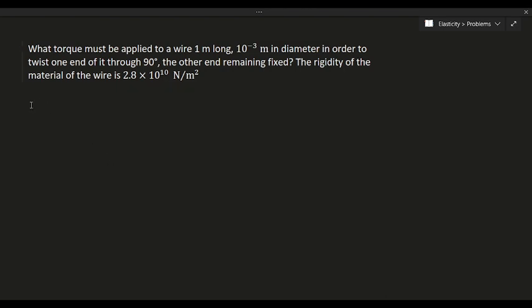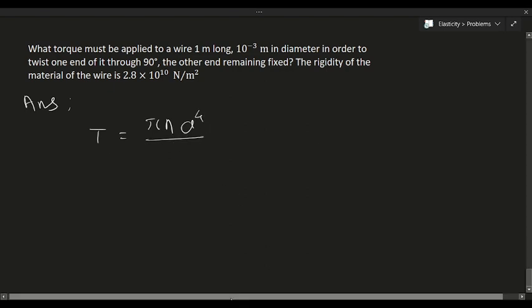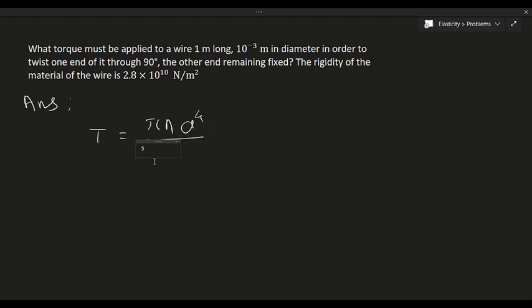This problem is based upon a simple formula which relates all the quantities given in this problem. The formula is: torque is equal to pi eta a^4 divided by 2L, into theta. Eta is the modulus of rigidity, a is the radius of the wire, and small l is the length of the wire, theta is the twisting angle producing it.